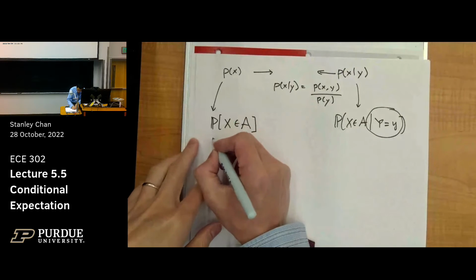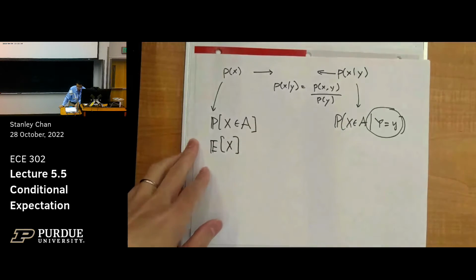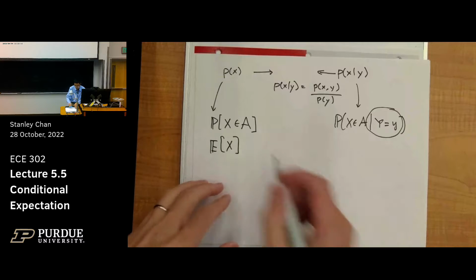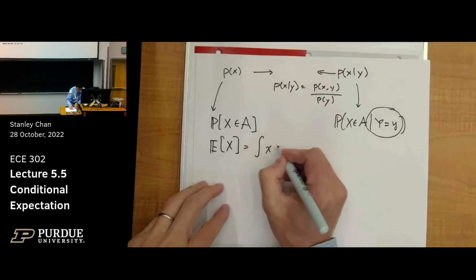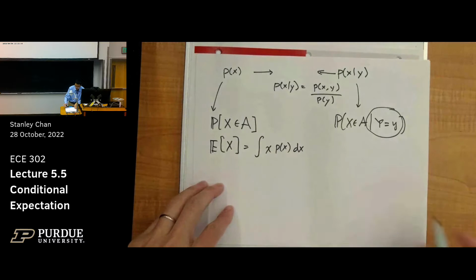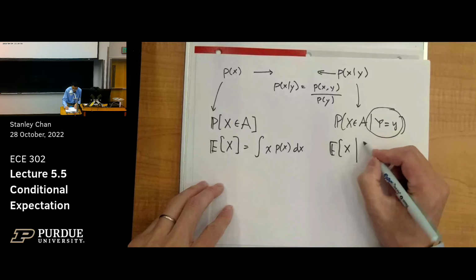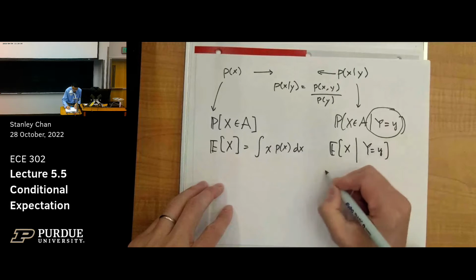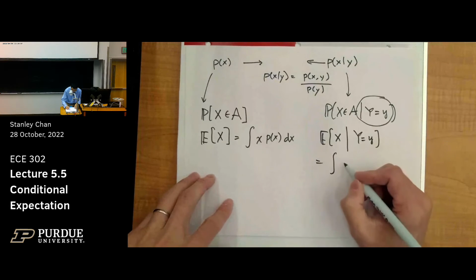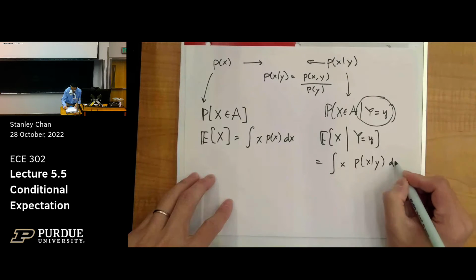We can also talk about the expected value. The expected value of a random variable x is just the integral of x times p of x, integrated over x. And here, you can talk about the conditional expectation of x, given that y equals small y, and that is defined as the integral of x, p of x given y, dx.